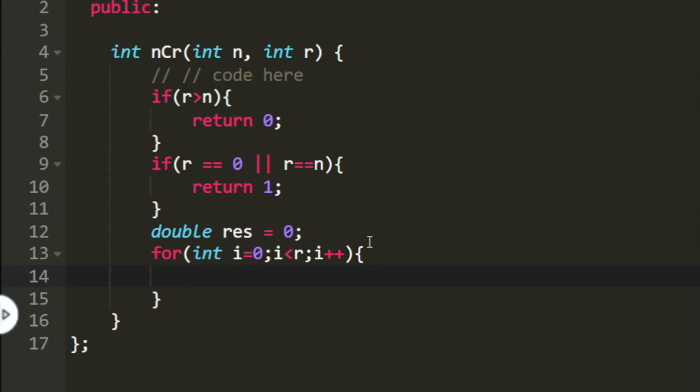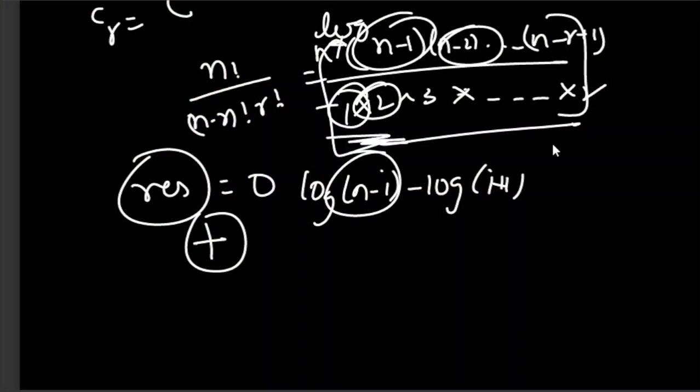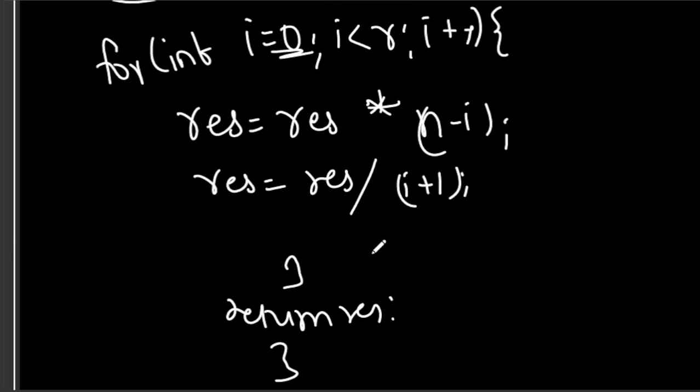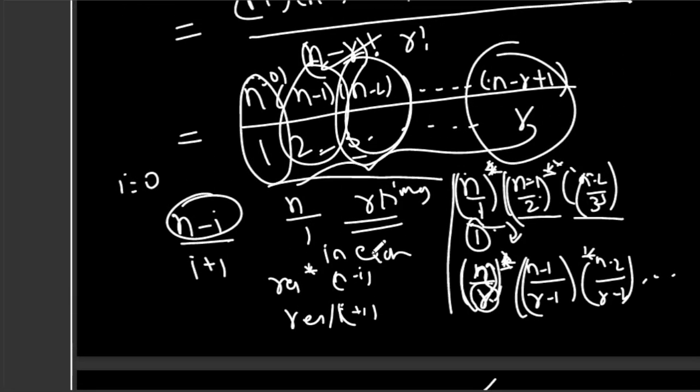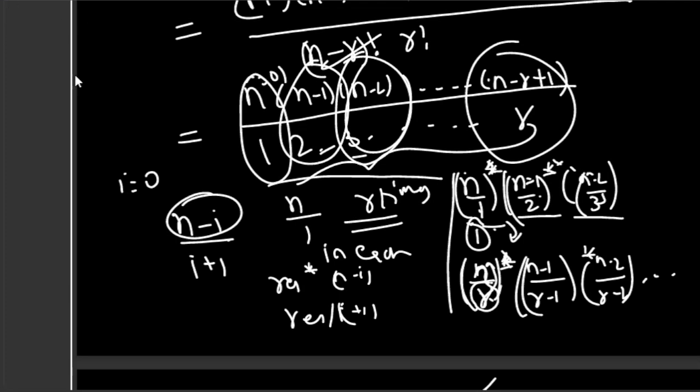O of r and O of 1 space. I feel like I didn't discuss it in the question we wrote earlier, so let's go back and discuss that. Time complexity will be O of r while traversing, as we have one for loop, and space complexity is O of 1. We are not creating anything new, so that's why O of 1.